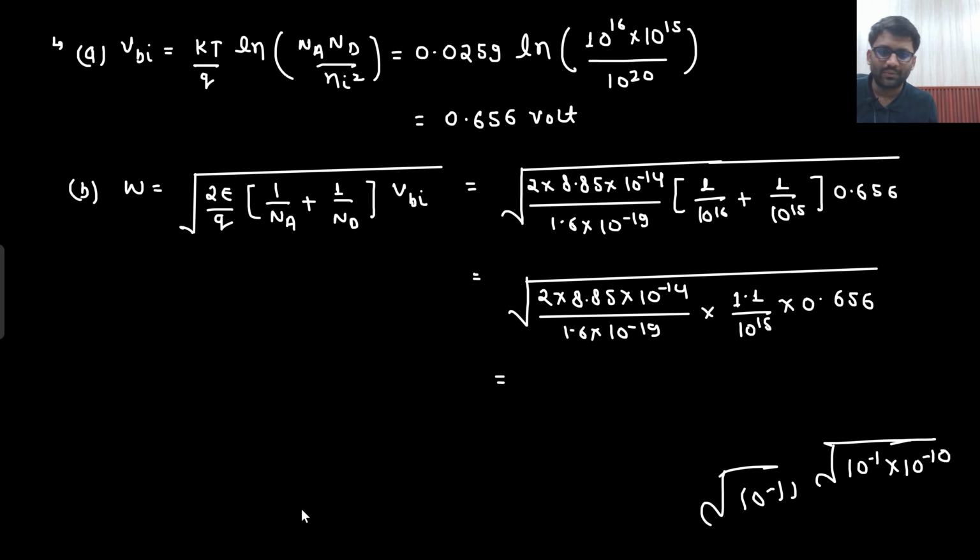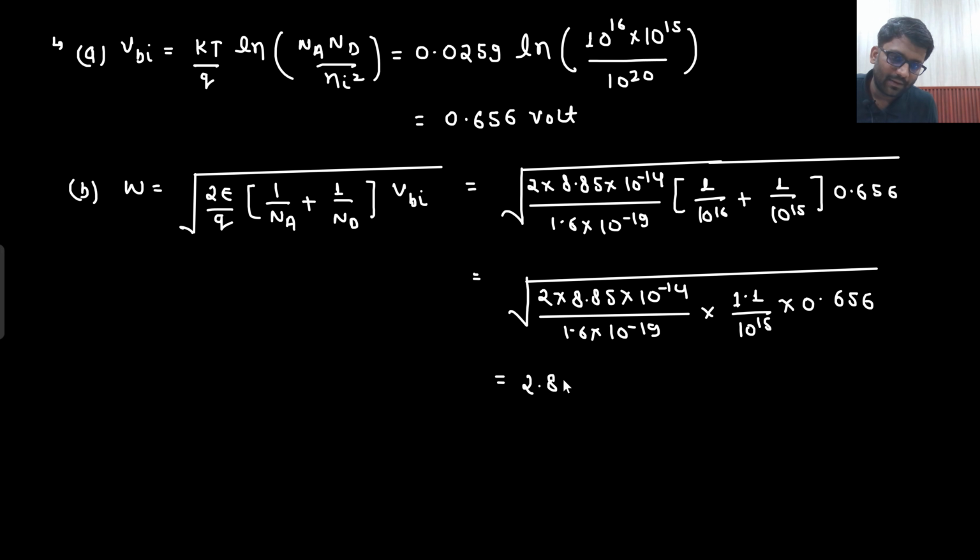So 2.82, 2.82, 10 to the power minus 5. What will I write down here now? Centimeter, meter, micrometer? Centimeter, because all the calculation was going into centimeter itself, right?